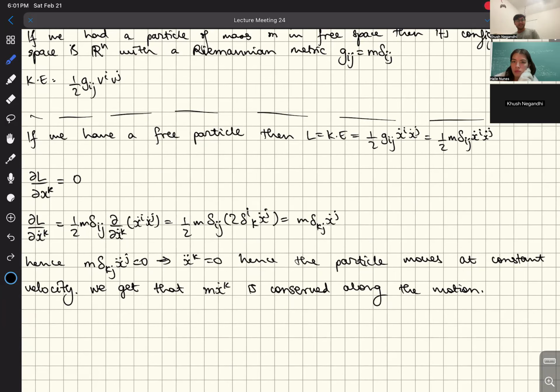Now, this is a very, very deep theorem by Emmy Noether that I will outline as a proof in the next problem sheet, as an exercise, which says that if I have some transformation of the coordinates that leaves the Lagrangian invariant, then there must be some conserved quantity associated to that transformation. And not only this, it also works the other way around.